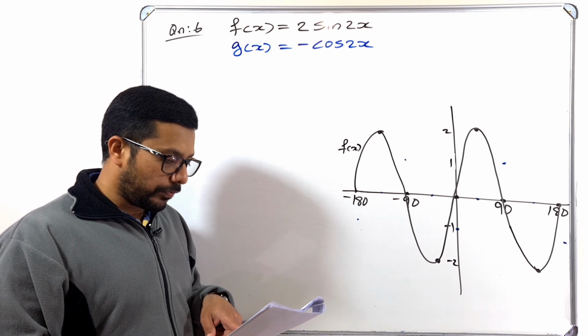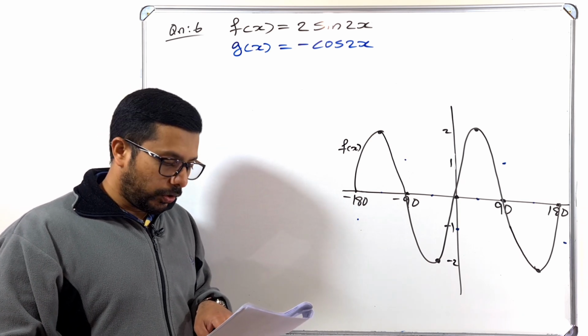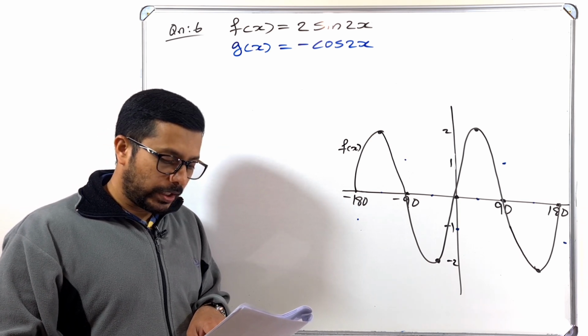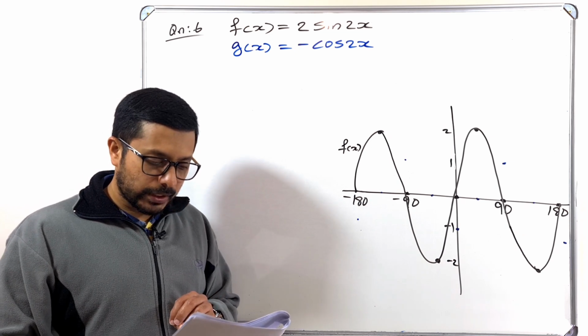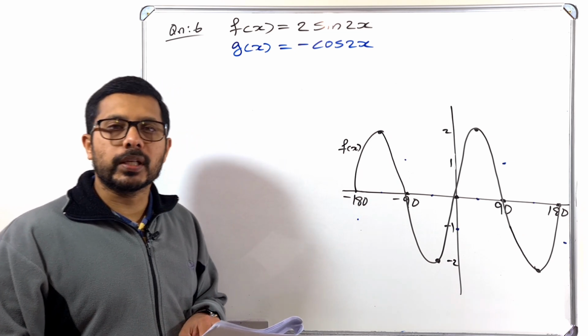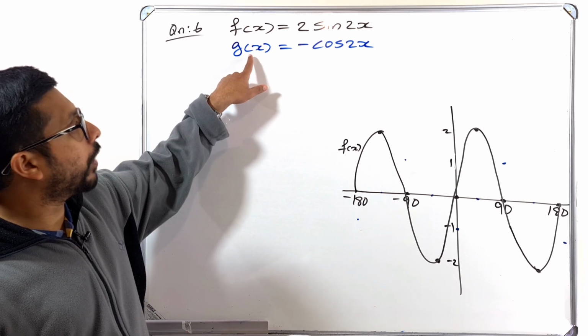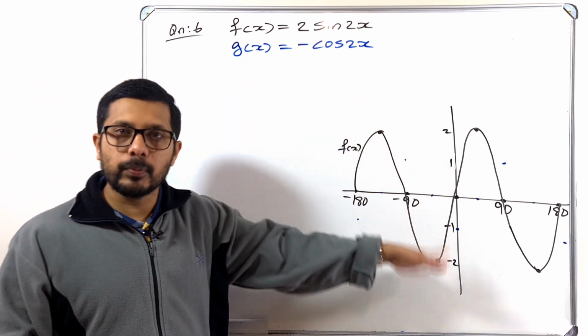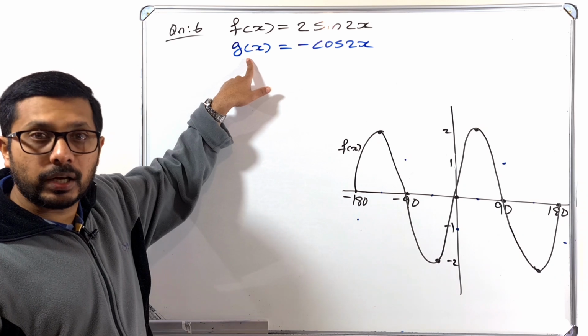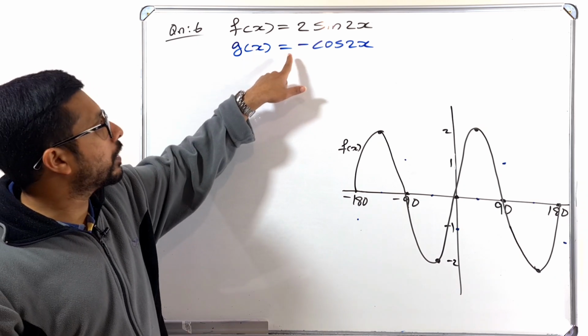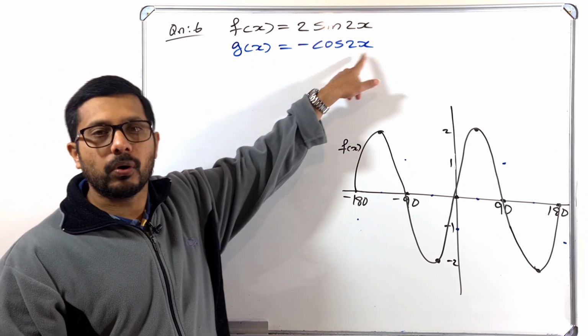What is the first question? 6.1. On the system of axes on which f is drawn in the answer book, draw the graph of g of x is equal to minus cos 2x. So you have to draw another graph on the same Cartesian plane. What is the equation of that graph? G of x, minus cos 2x.